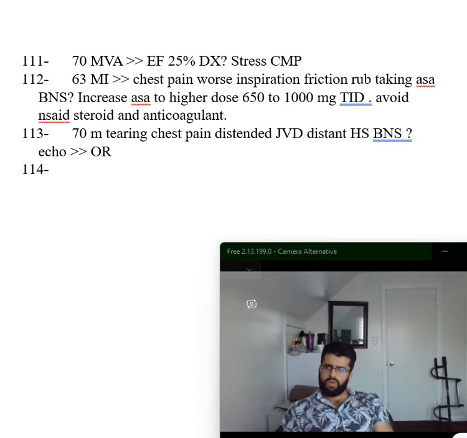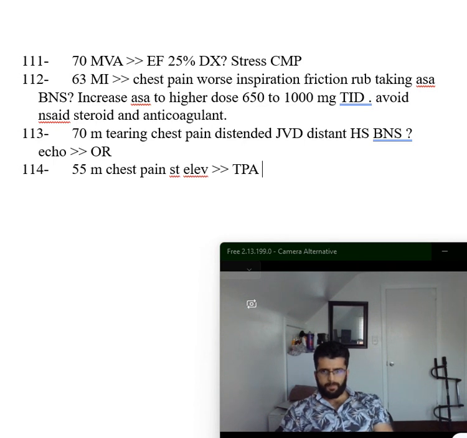All right, now we got another patient, a 55-year-old man, came in with chest pain. Of course, chest pain, it's a heart attack, it's cardiology, right? So the patient has chest pain, ST elevation, and was given TPA. What would you do after that? Transfer to PCI facility.